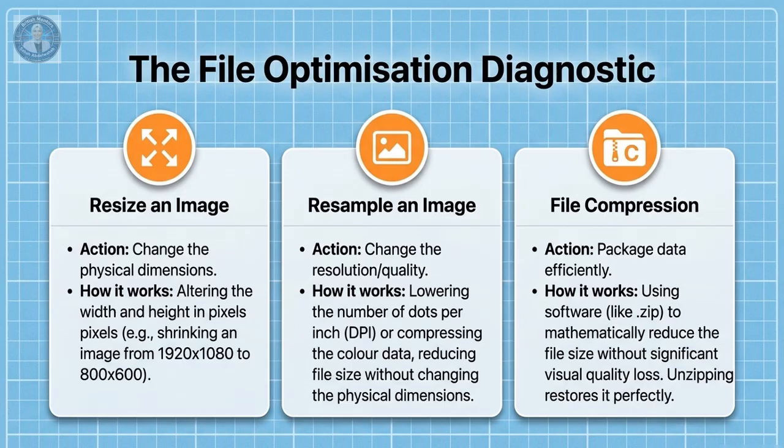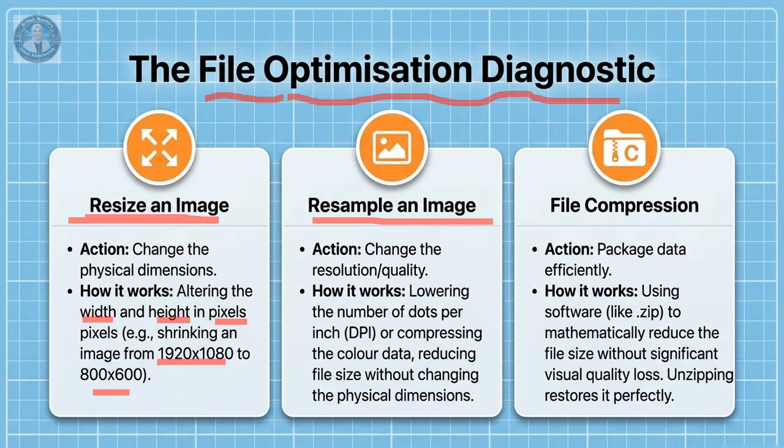There are 3 main ways to optimize files. First, resizing. Resizing involves changing the physical dimensions by altering the width and height in pixels. Second, resampling.